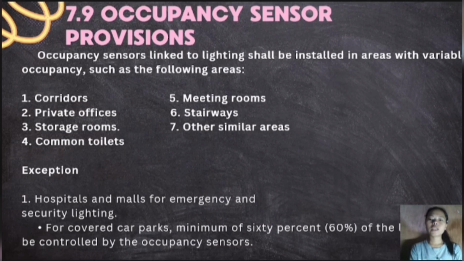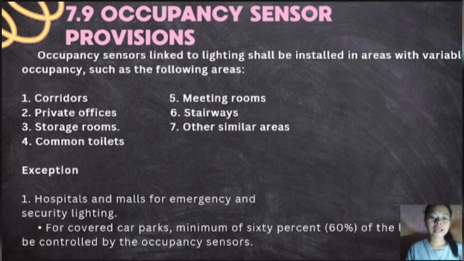Sensors automatically turn lights on for activity for people count, such as storage, private storage rooms, common areas, stairways, and other similar areas.